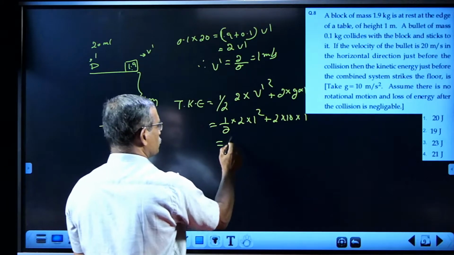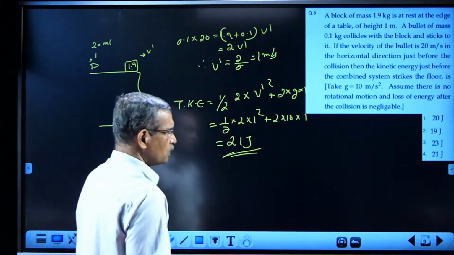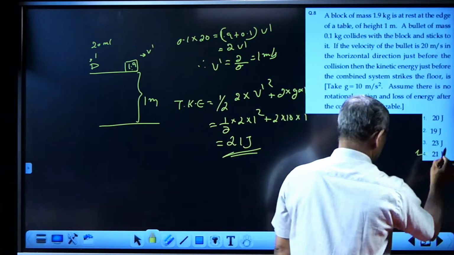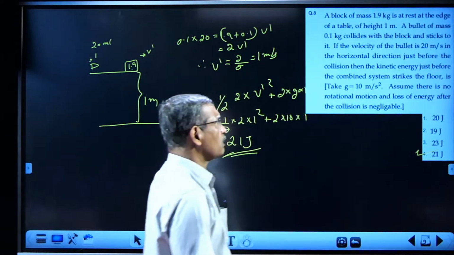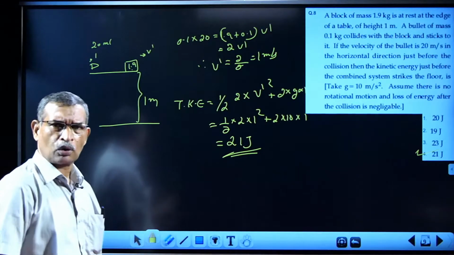This calculation gives 21. Therefore the answer is 4. And again, it is a moderate question.